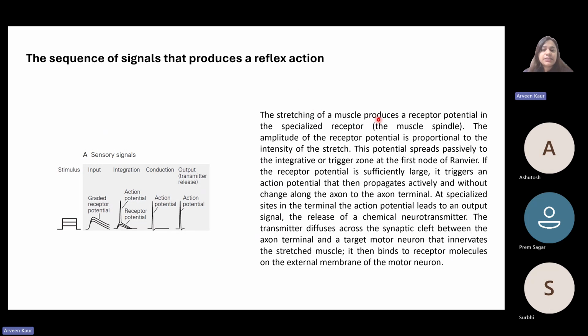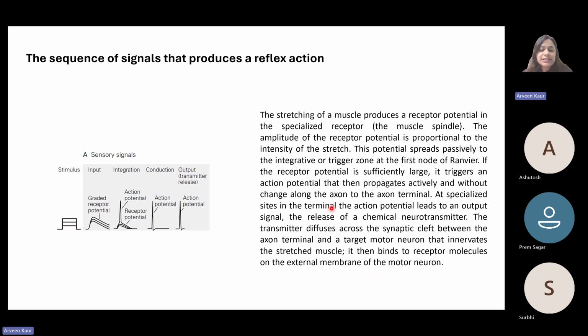A stretching of a muscle produces a receptor potential in the specialized receptor, that is the muscle spindle, right? The amplitude of the receptor potential, which is over here, is proportional to the intensity of the stretch of that receptor. This potential spreads passively to the integrative or trigger zone at the first node of Ranvier. So till the first node of Ranvier, it is going passively. There is no action potential that has been generated as such. If the receptor potential is sufficiently large, it triggers an action potential and then propagates actively and without change along the axon to the axon terminal.